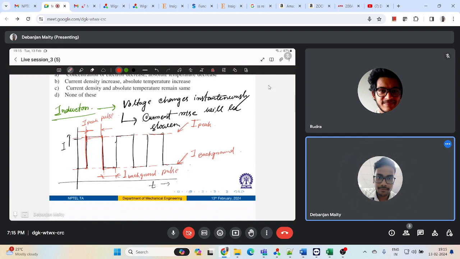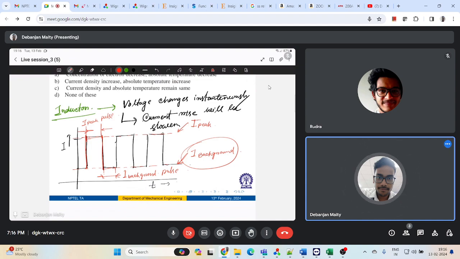At background current, no metal transfer will occur, but this is set for keeping the arc ignited. So your power source will always have some kind of background current. It will not have a zero current like in an AC power source, where you have alternating current and a crossover from positive to negative where you have to cross zero current.